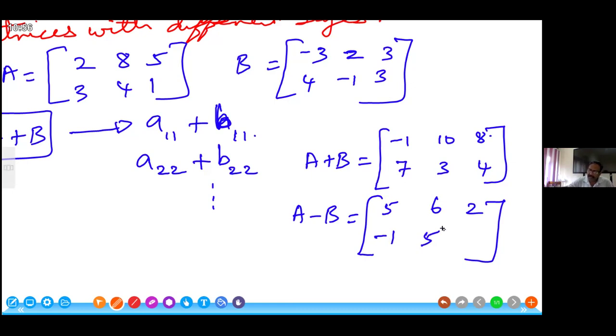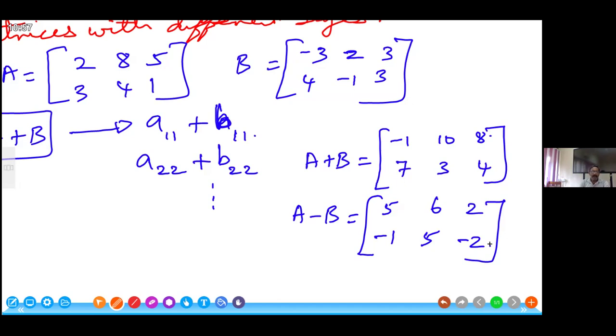Then 1 minus 3 is -2. Any questions? Addition and subtraction you do in a similar way, no difference. You add or subtract.